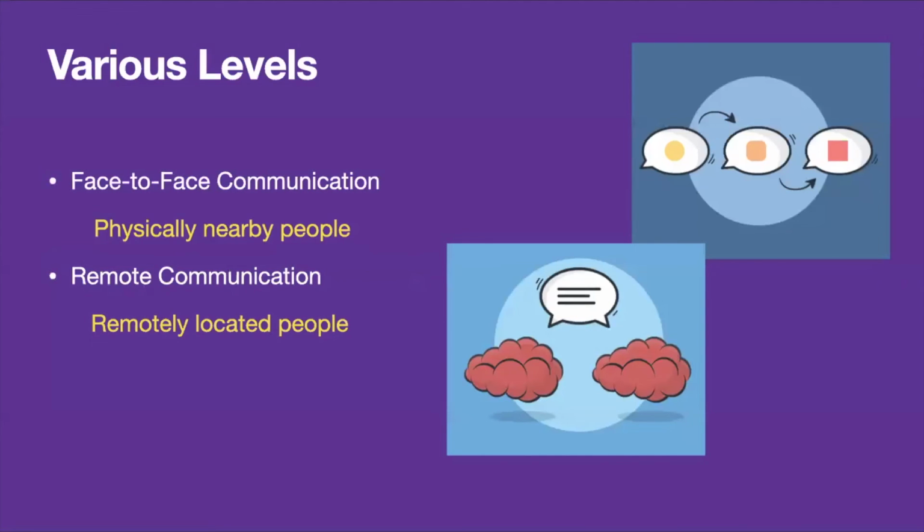There are two approaches using child-computer interaction in facilitating communication and collaboration. One is face-to-face communication, which focuses on physically nearby people. Second is remote communication, which focuses on interacting with remotely located people.